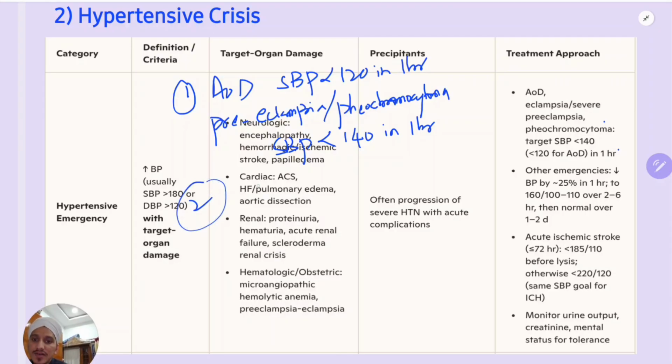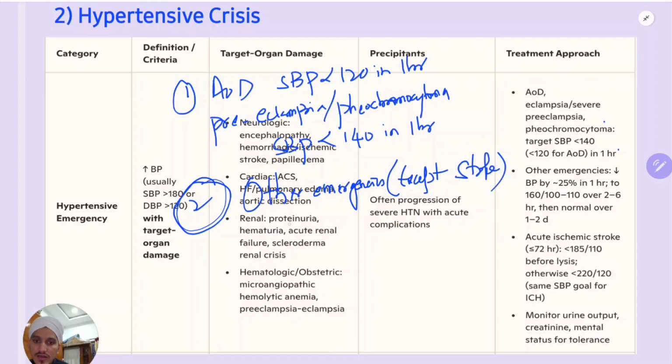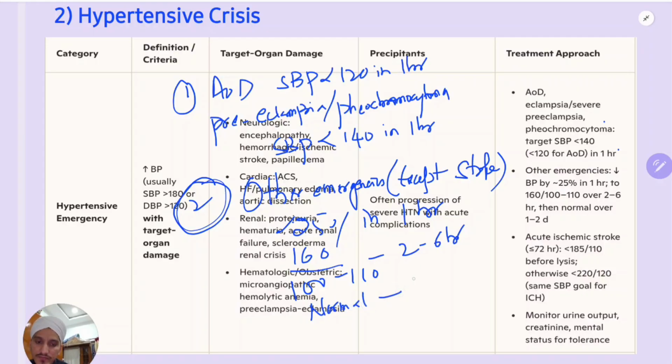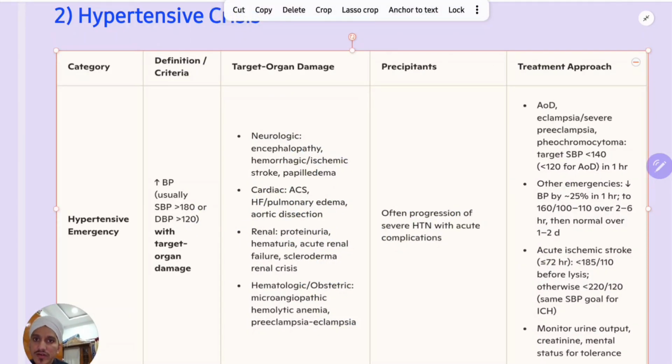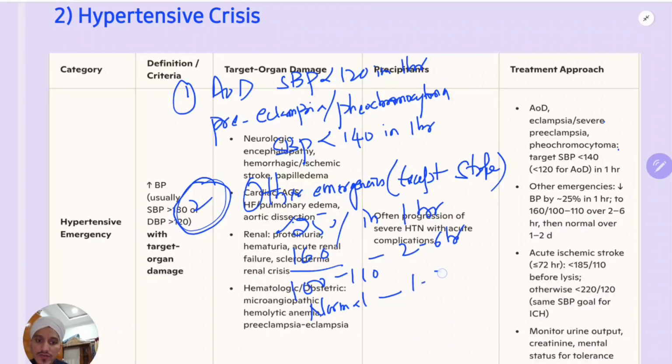For other emergencies except stroke, BP should be reduced by 25% in 1 hour, then to 160 by 100 to 110 in 2 to 6 hours, then to normal BP in 1 to 2 days.